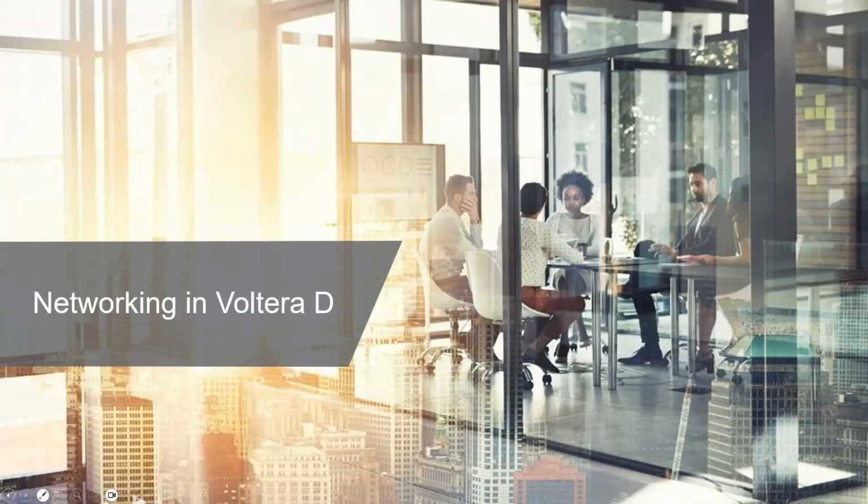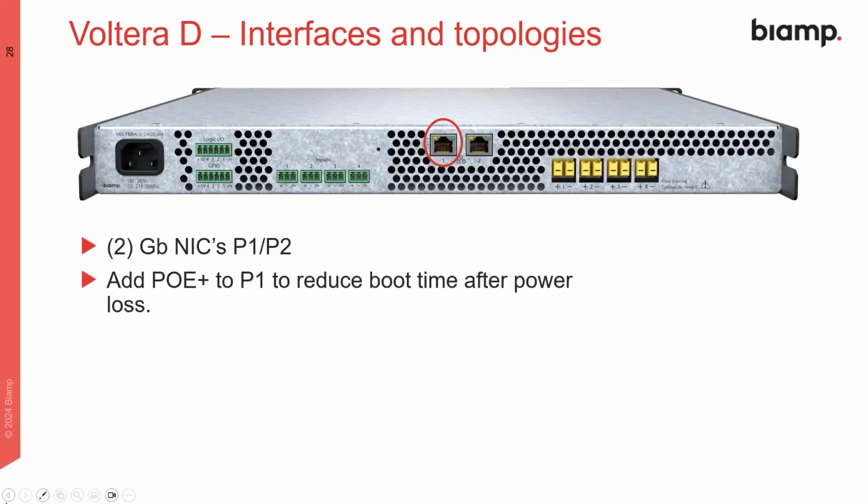All right, let's jump into networking. So Voltera Ds and Voltera DMs both have 2 gigabit NICs. They're labeled as P1 and P2.